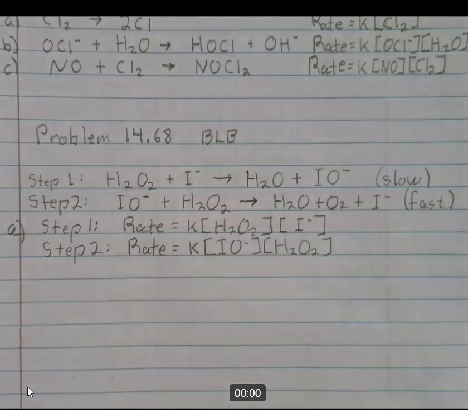So now B asks to write the overall chemical equation. So this is just employing what we learned how to do in Hess's law. We're going to add these two together to get the overall reaction.